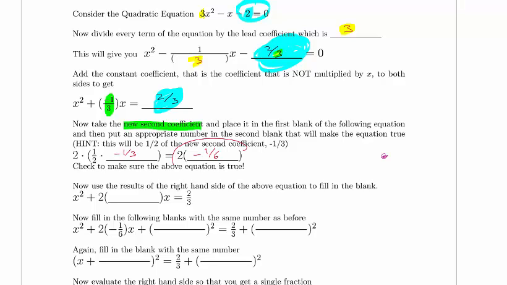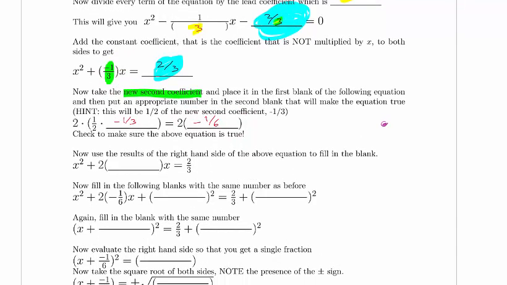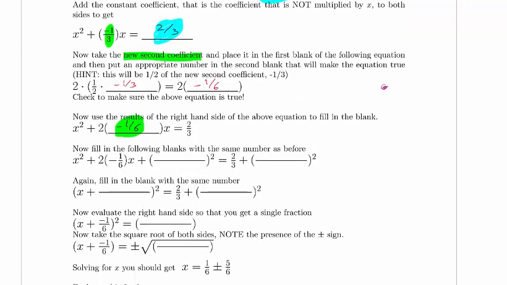And so note that if you evaluate this out, you will get this guy over here, negative 1/3. Okay. So now let's use the results of the right-hand side of the above equation to fill in the blank. Okay, so we're simply writing in negative 1 over 6. Like so. Note, nothing's changed. The form of the numbers changed, but so far everything is the same.